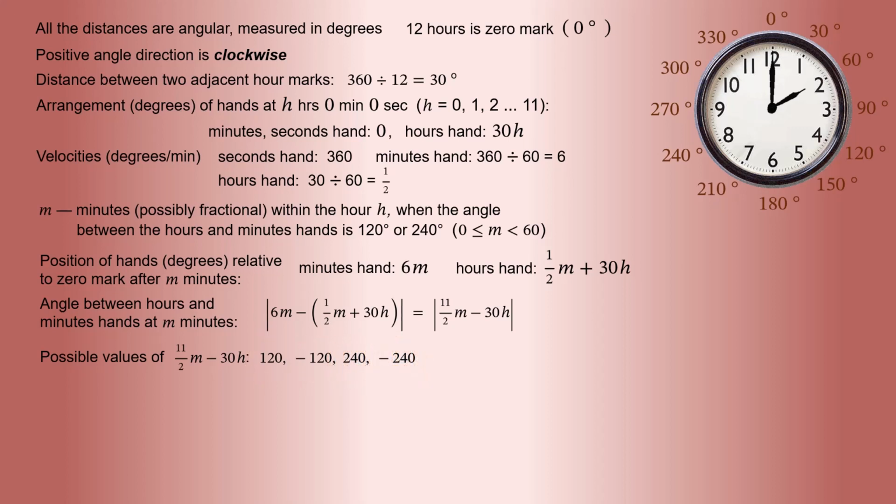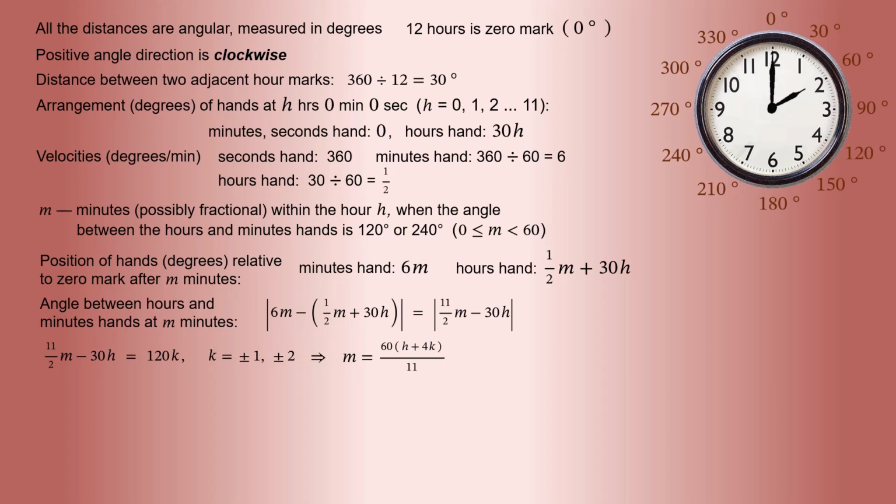To avoid dealing with four different equations, we can write a single equation in the following way: 11 halves m minus 30h equals 120k, where k equals plus or minus 1, plus or minus 2. Solving the equation for m gives m equals 60 times (h plus 4k) divided by 11.